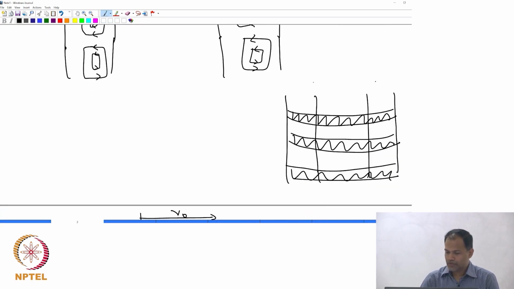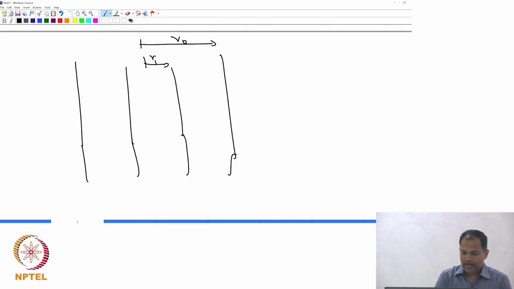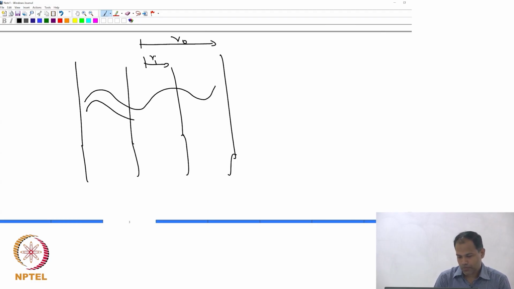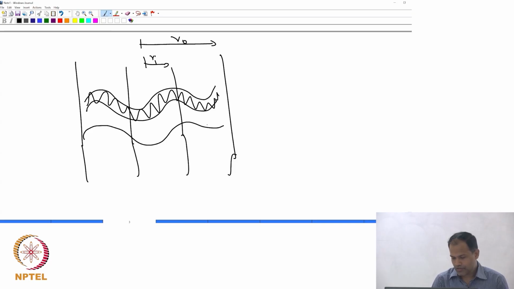This was what is known as the Taylor vortices, and these bands become unstable and the bands would look something like this. Each of these bands will not just go in one direction like that, each band will start doing like this, going around. So, that is an even more complicated flow profile.